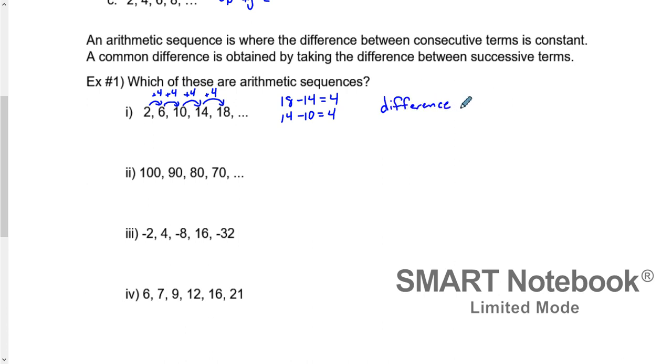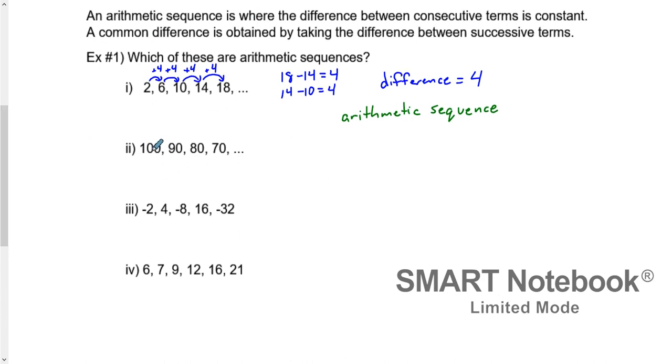So our difference between them is 4. If it is consistent among the entire pattern, yes, it is an arithmetic sequence. Obviously, different people pronounce arithmetic differently.